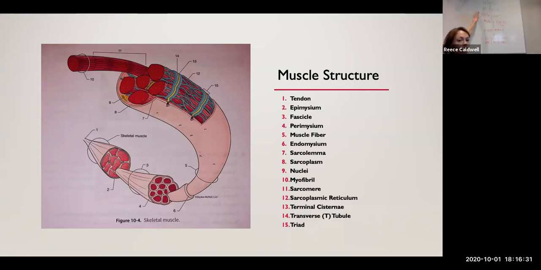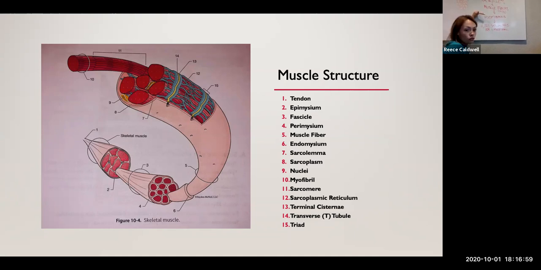So we have our bone. Connecting the bone to the muscle is the tendon. So we get into our muscle, we look inside the muscle. We have our fascicles, bundles of muscle cells or muscle fibers. When we actually look in the muscle fiber, the muscle cell itself, we have myofibrils, which are just an organelle, just like a mitochondria, just like a nuclei, just like a lysosome, all that.